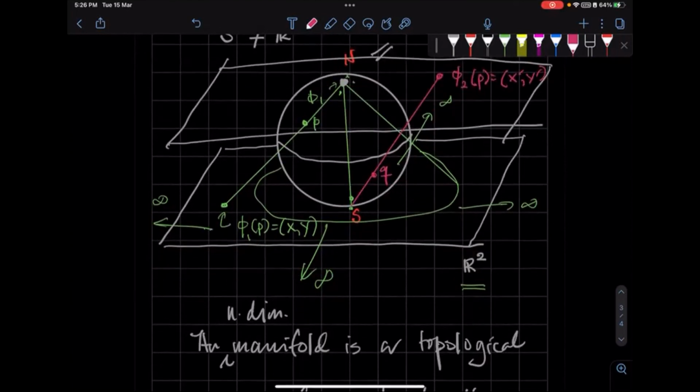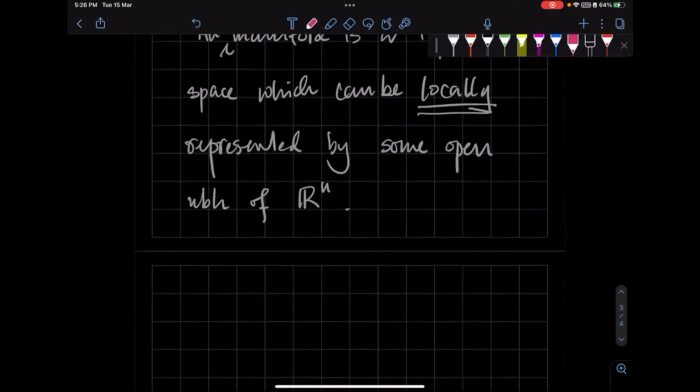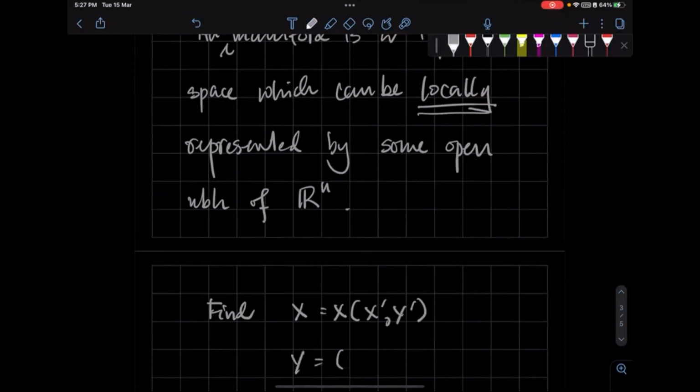Now I leave it as an exercise for you to find the relationship between x and y and x prime and y prime. This is an interesting exercise in geometry: find x as a function of x prime, y prime, and y as a function of x prime and y prime.